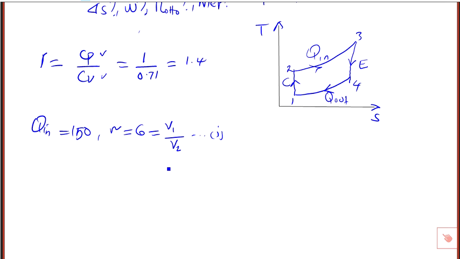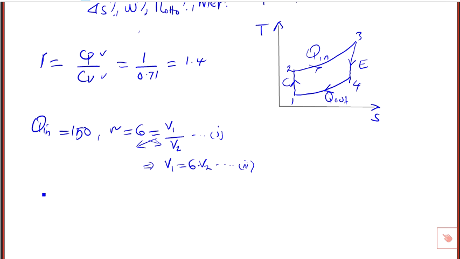Then V1 alone, if you cross multiply, should be equal to 6 times V2. I call that equation 2.